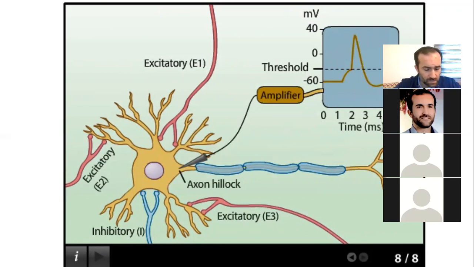In that case, if I have many sources, the summation is leading to action potential.